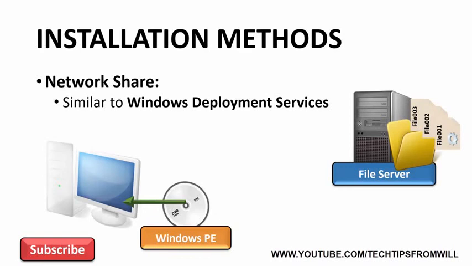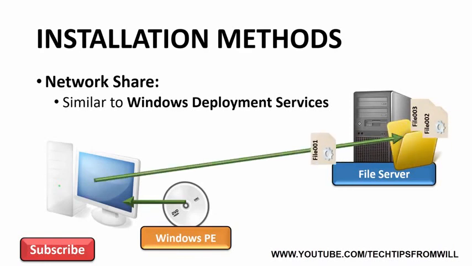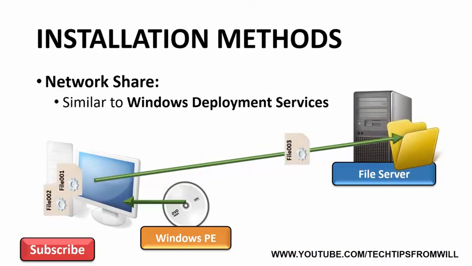Once booted into Windows PE, the administrator is able to connect to the shared folder on the file server and access the Windows 10 installation files. As you can see, the only real difference with a network share is that instead of connecting to a WDS server to download the operating system, you connect to a network share instead.